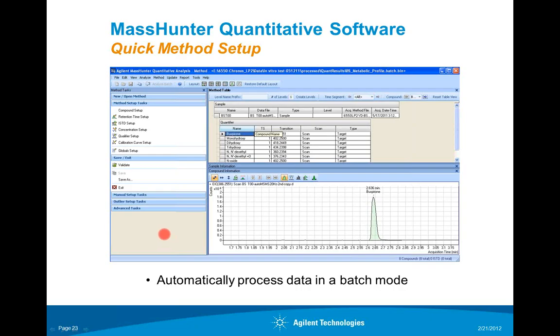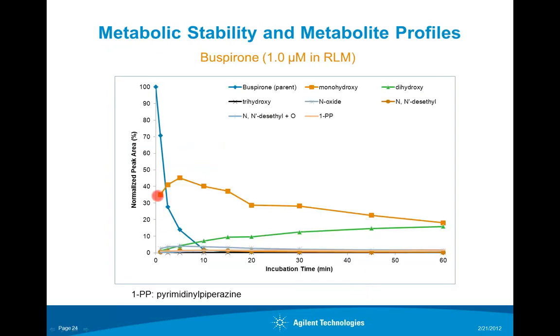Then the software will process data in an automatic fashion in batch mode for all the multiple time points of the incubation samples. Finally, the metabolic stability profiling and the metabolite profiles were established based on the Quan results.